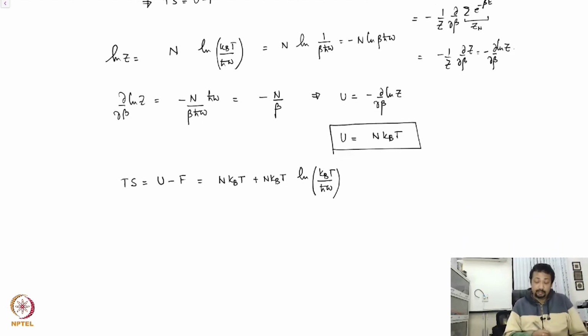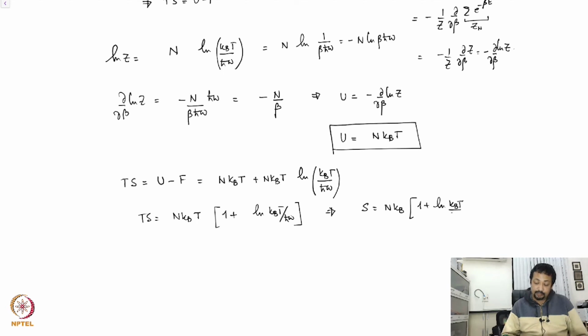Clearly I can take n kBT outside, so that TS becomes n kBT times 1 plus ln kBT over h bar omega. And this implies that the entropy is n kB times 1 plus ln of kBT divided by h bar omega.